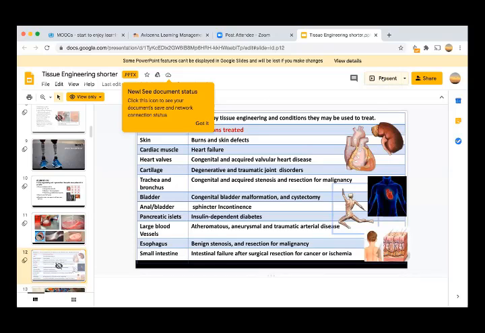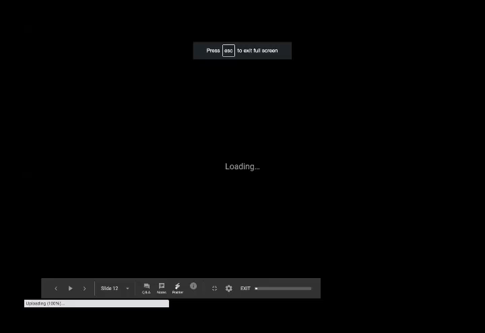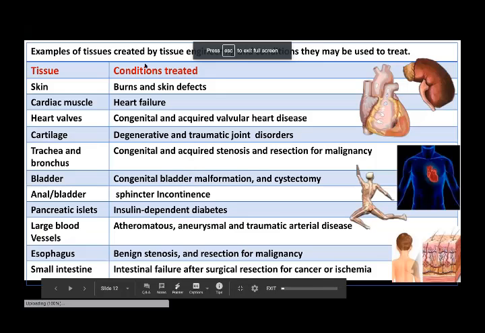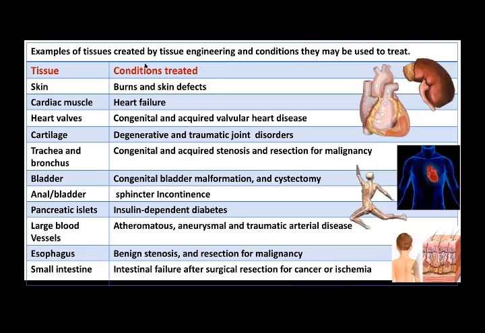I believe we looked at this slide, right? In this slide, it's highlighting examples of tissues that are created by tissue engineering, okay, and how they can be used to treat skin, obviously, genetic conditions, burns and skin defects, cardiac muscle, okay, for patients that have suffered from heart failure, more specifically heart valves.